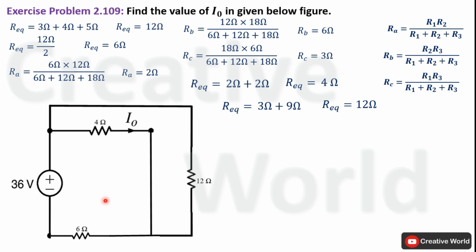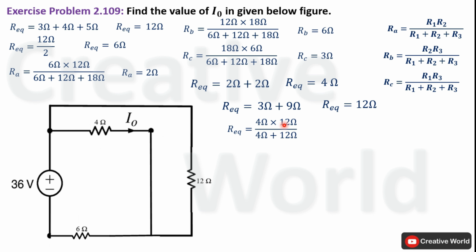So first of all, we have to find total supplied current through this network. This same current will flow through this 6 ohm resistance. Later on, we will try to apply current divider rule to calculate current through this branch. For that purpose, we will find the equivalent resistance of these two parallel connected resistances. Their equivalent resistance will be calculated by taking the product of both resistances divided by their sum.